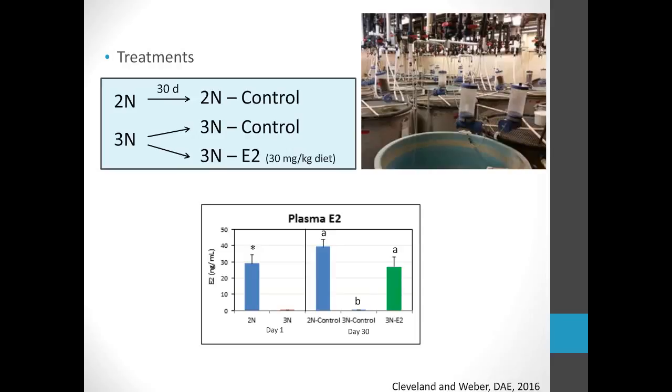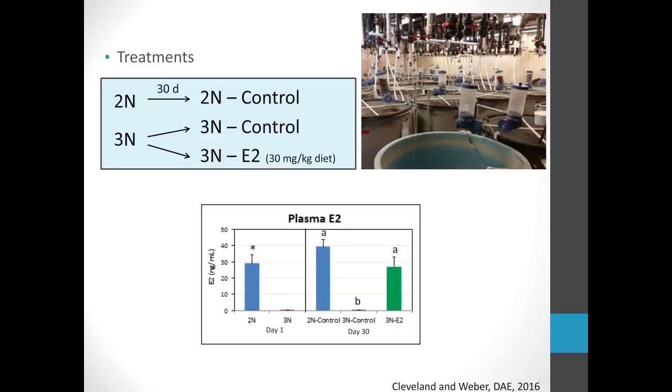These treatment diets were fed for 30 days, and by looking at the response of the estradiol-treated triploids compared to the triploids consuming the controlled diet, we can isolate the effects of estradiol. But when we compare the estradiol-fed fish to the diploid controls, which also have high levels of estradiol, but more from endogenous production, we can start to isolate the effects of gonad development.